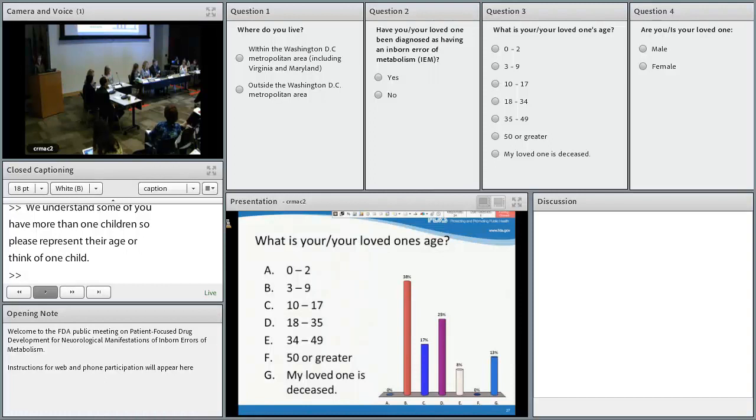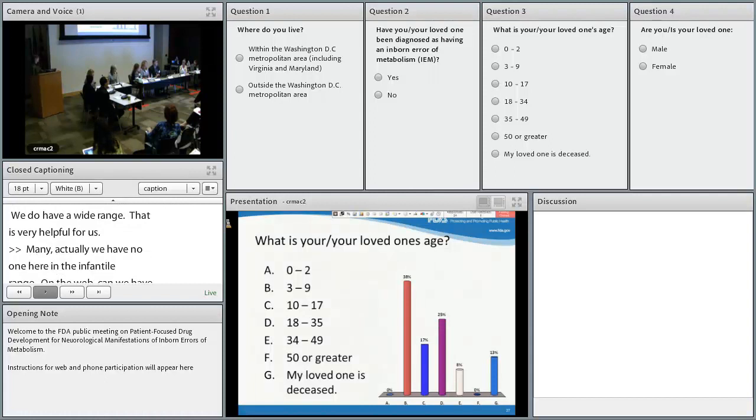We do have a wide range, and that's very helpful for us. Well, actually, we have no one here in the infantile range. On the web, can we have those numbers as well?